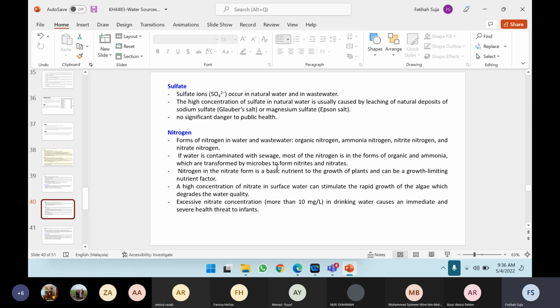Usually in the lab, if you want to measure organic nitrogen, you will do two tests: TKN, total Kjeldahl nitrogen, and also ammonia nitrogen, because total Kjeldahl nitrogen is the measurement of organic nitrogen plus ammonia nitrogen. So when you do another test, ammonia nitrogen, then you will be able to get the actual organic nitrogen. Do you understand?